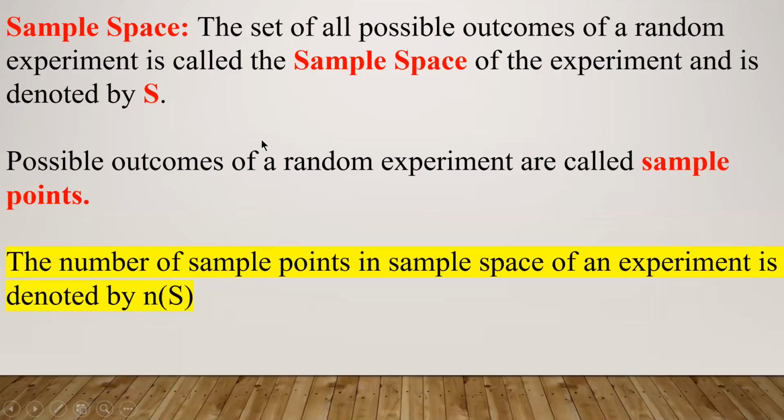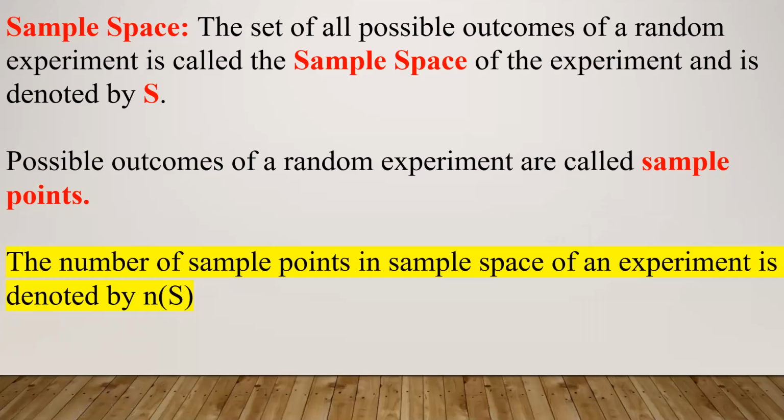It is the set of all possible results of an experiment. And then the possible outcomes of the random experiment are called sample points. The number of sample points in the sample space of an experiment is denoted by n of S, n for number, so the number of points in the sample space.